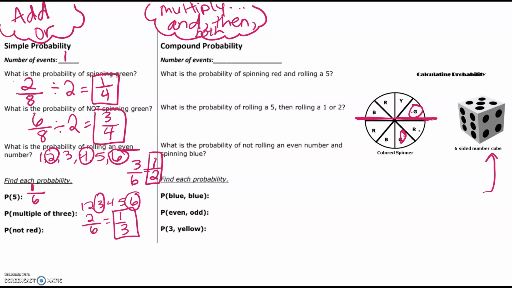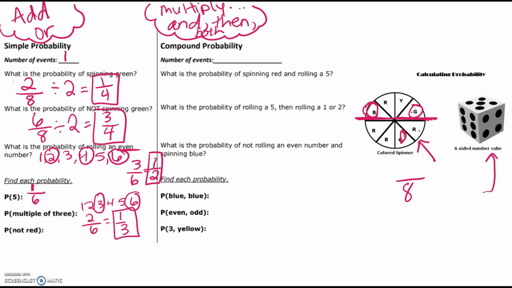All right, our last one on this side says the probability of not landing on red. Well, if we go back over here to our spinner, it wants not red. Okay, so we know that there's still out of 8 total, right? We know it's going to be out of 8. And how many are not red? Well, let's see.